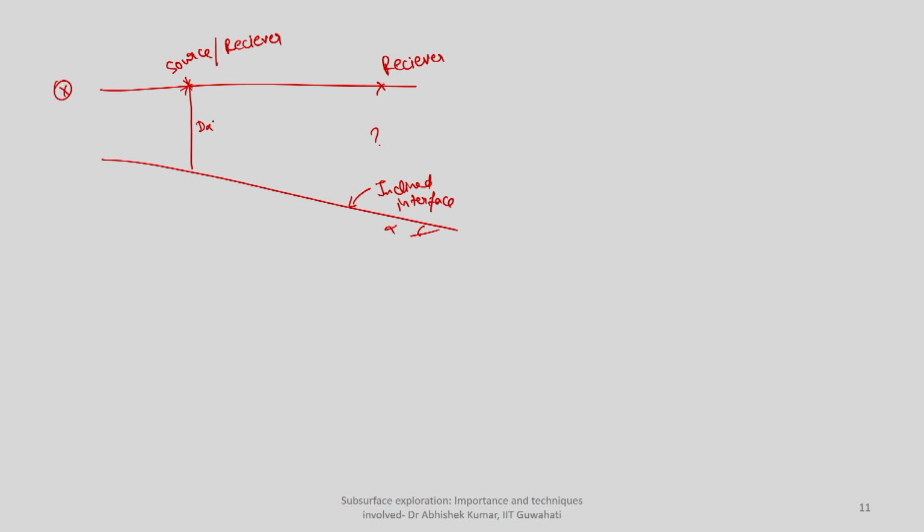So, this d alpha is the depth of investigation at where you have kept both the receiver and the source. So, suppose TRS is the time of arrival of reflected wave when receiver and source are at same location.